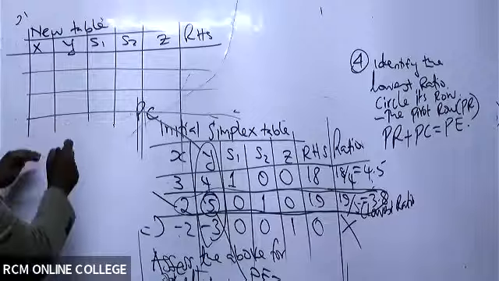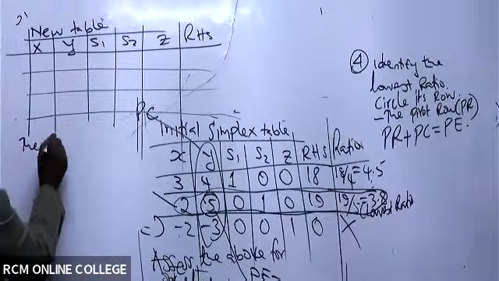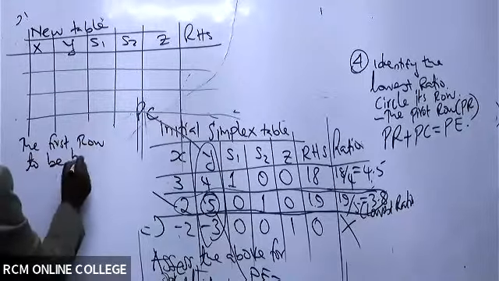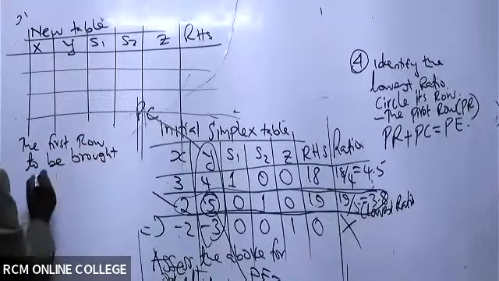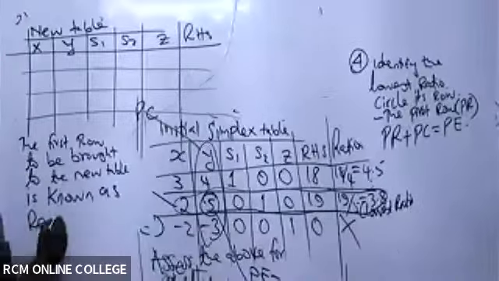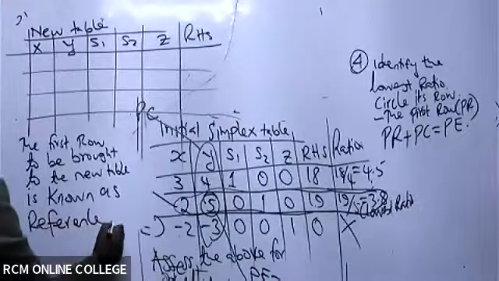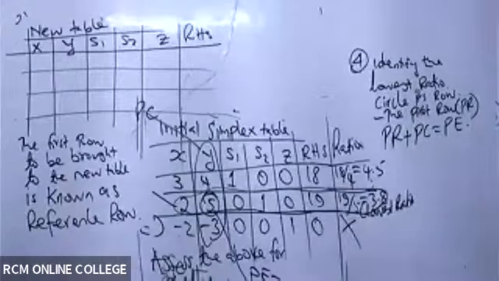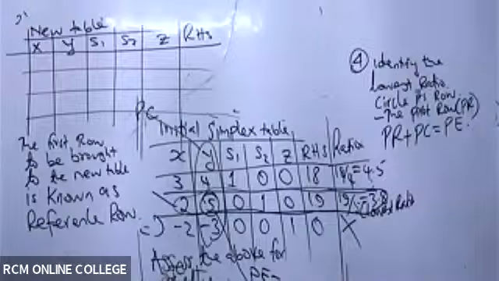So this is my new table. Below the new table, we are saying that the first row to be brought to the new table is known as the reference row.